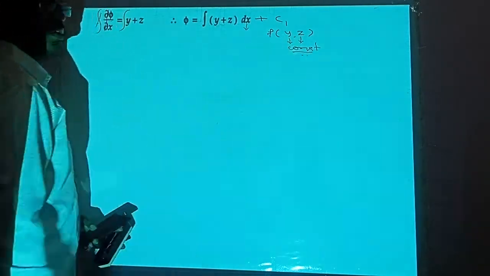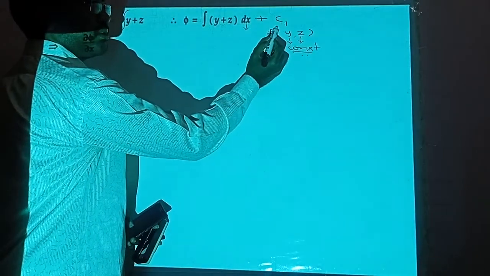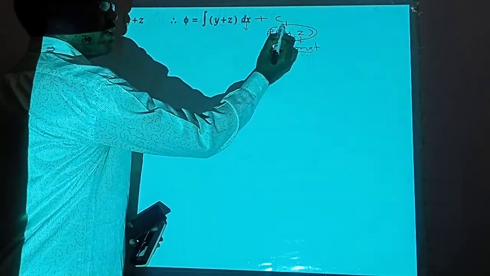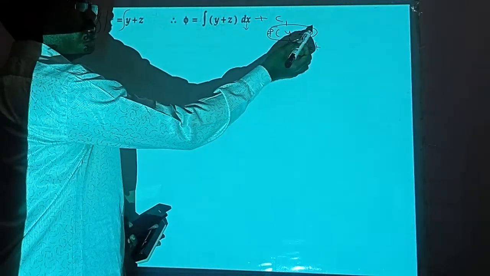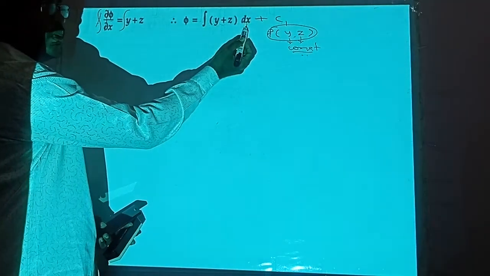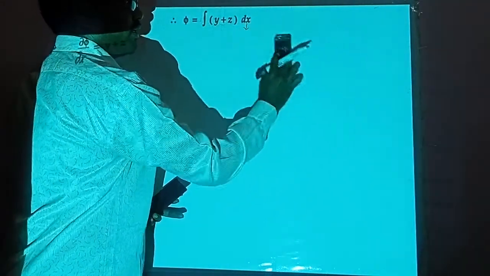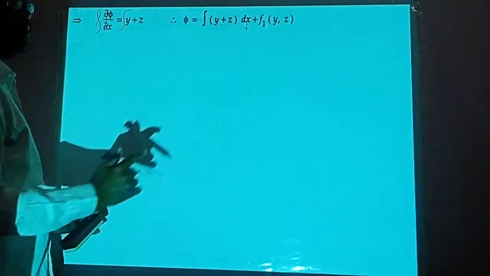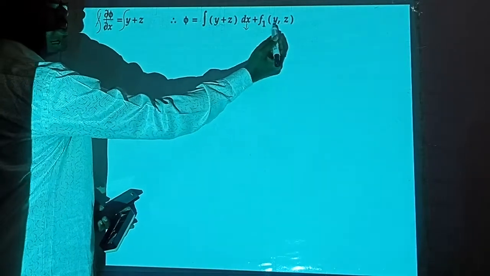Instead of taking c1 constant, let us take that constant as a function of y and z. We write the integration constant as f1 of y comma z, because y and z are constants here.